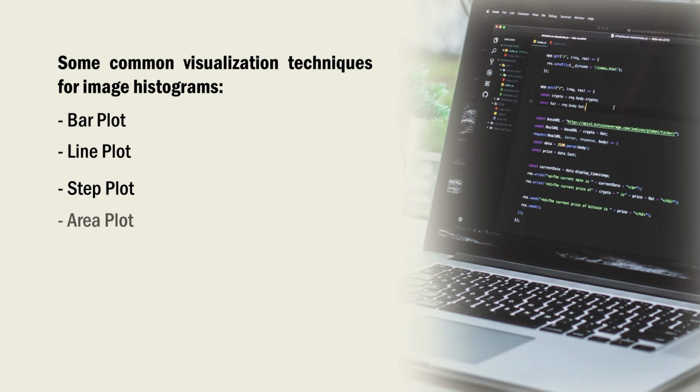The composition of horizontal and vertical segments can give a clearer view of the histogram. The next one is area plot. An area plot represents the histogram as a filled area under the curve rather than using lines or bars. It can be useful for visualizing the overall distribution and density of pixel intensities.